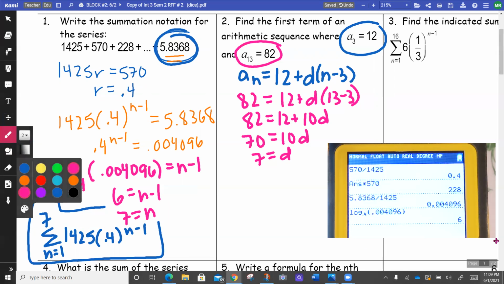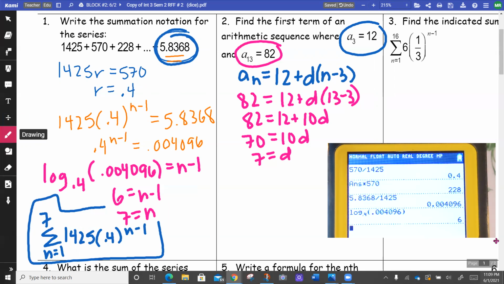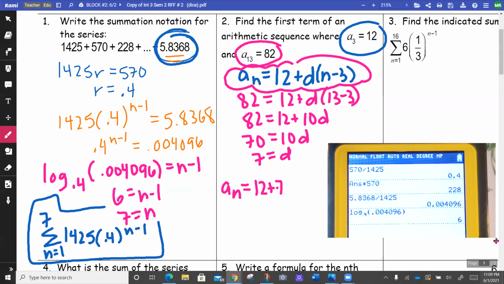I am going to take this equation here, and I'm going to put in my d, which is 7. So my equation is going to be a sub n is equal to 12 plus 7 times n minus 3.